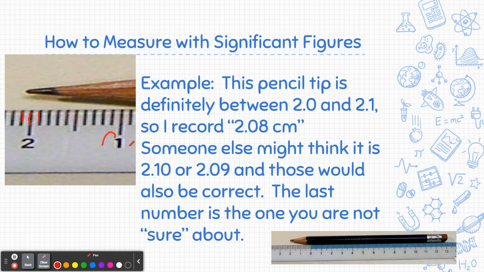I know it's confusing, it's backwards, but here's 2, and this is 2.1. It looks to me like it's a little bit less than 2.1. So I'm going to guess 2.10 or 2.09. So that last number that you're writing down is the number that you're guessing because you're not exactly sure where it is.